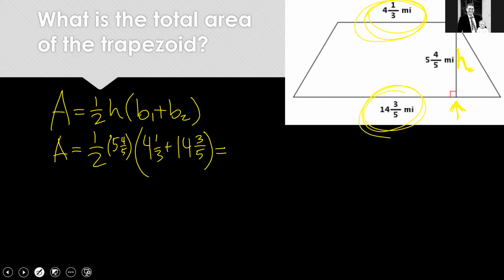The only thing that really is important for you to keep straight is the bases are the ones that are being added to each other, and the height is the one that's all by itself.